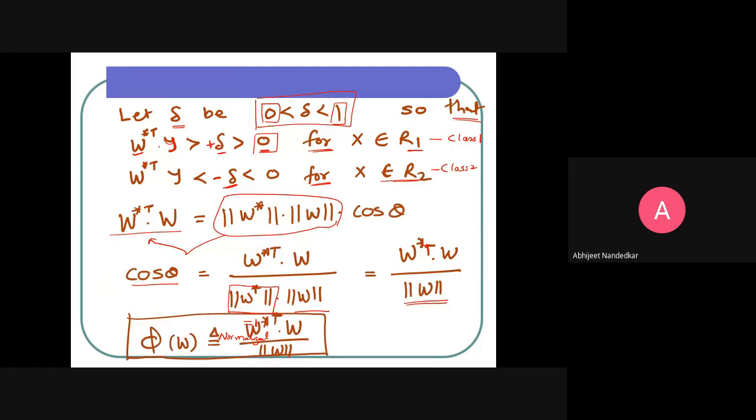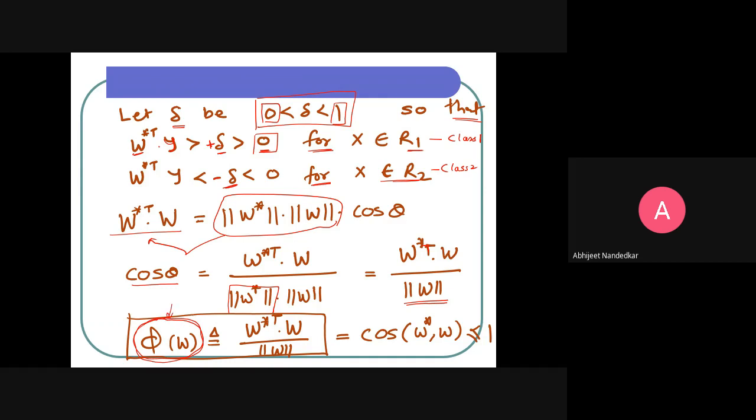Now what we are going to do is we are going to call this psi of W, defined as W star transpose W divided by norm of W. This is a measure. Okay, we will take help of this to prove the convergence.